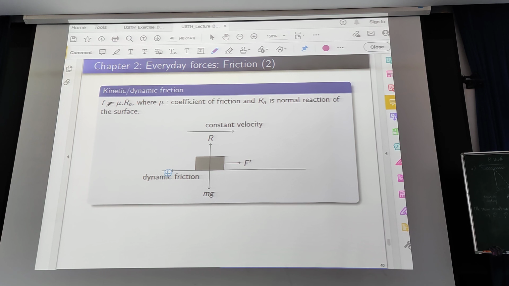And in the simple case, we have the formula: the magnitude of the friction equals mu multiplied by the normal contact force, where mu is the coefficient of friction. The normal reaction of the surface is N. This is the formula for the kinetic friction.